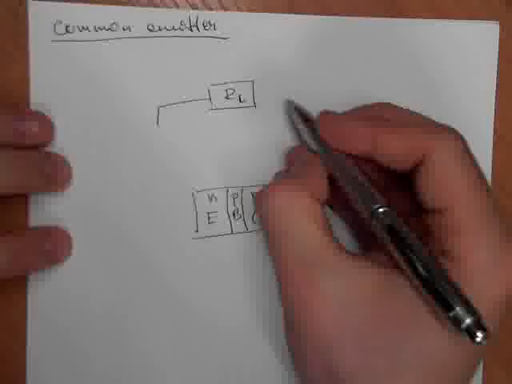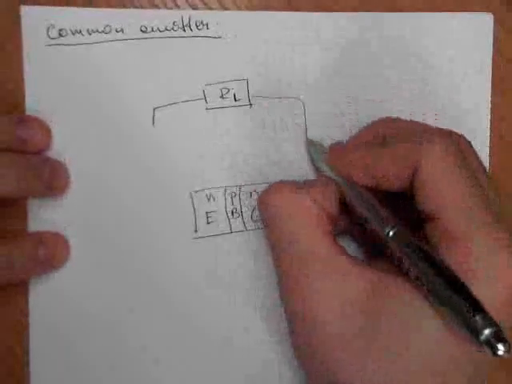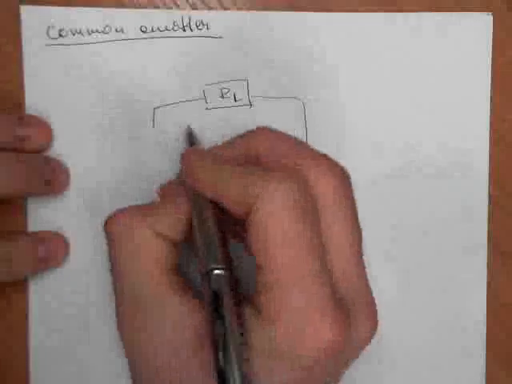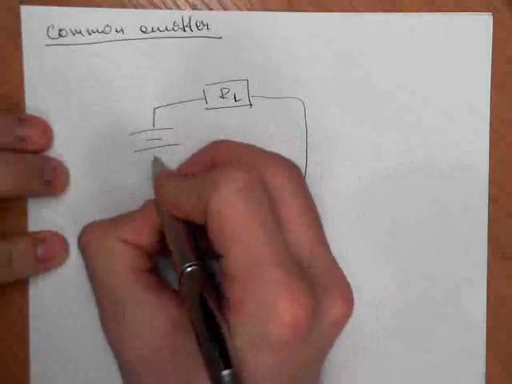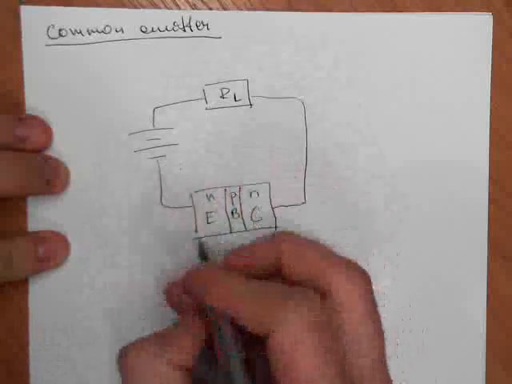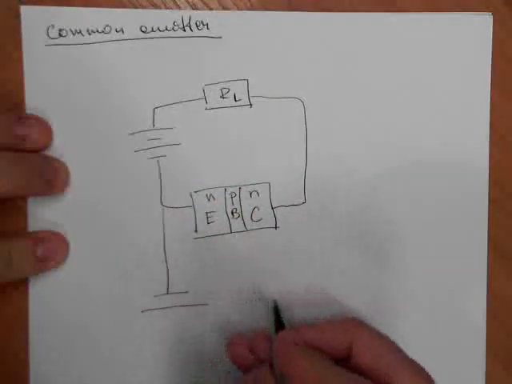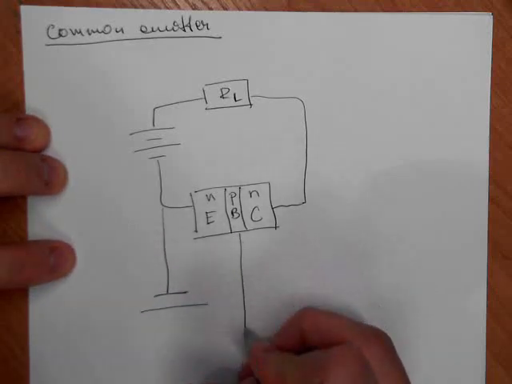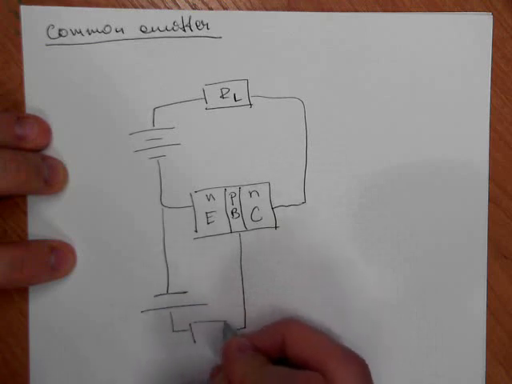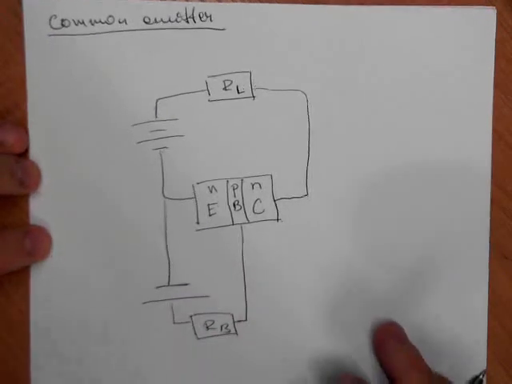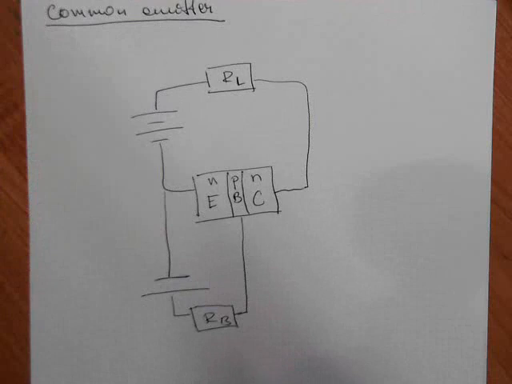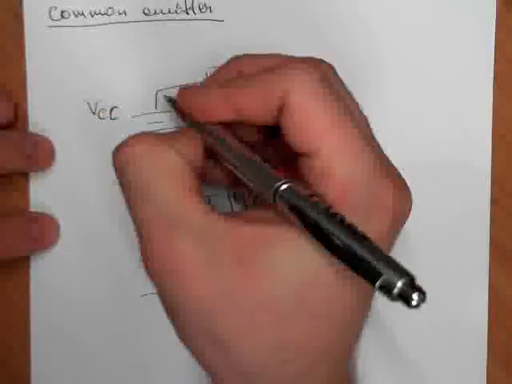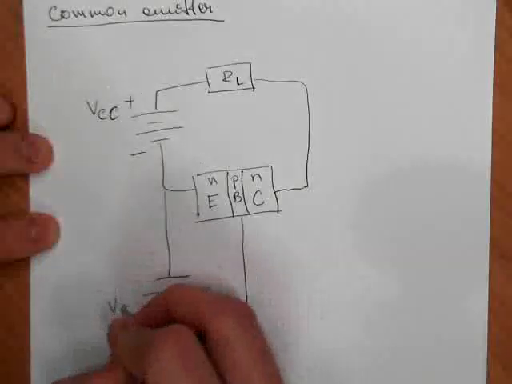So this is connected. Here we have this, which should be shorter. And let this be our circle, a bit deformed, but nevertheless. So this is VCC plus minus, this is VB minus plus.